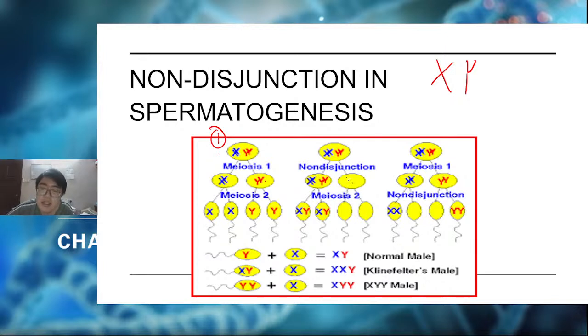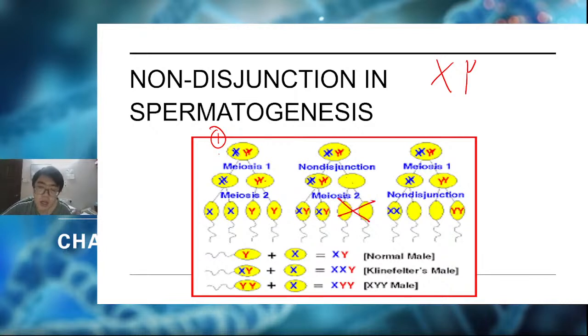Then if meiosis 2 is normal, it will produce 2 cells that contain XY and 2 cells that do not contain any sex chromosome at all.